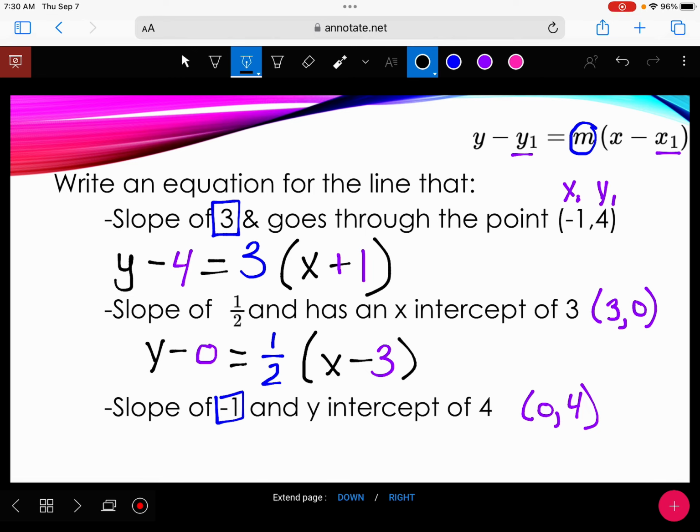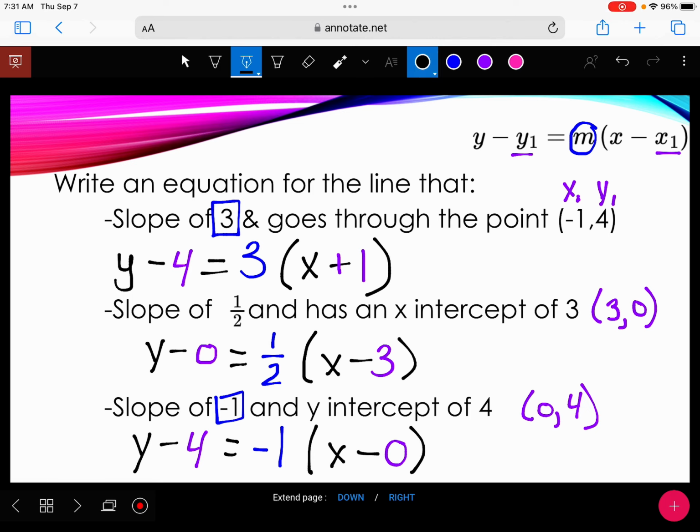So we're going to plug these pieces into our formula. Y minus 4 equals -1 times x minus 0.